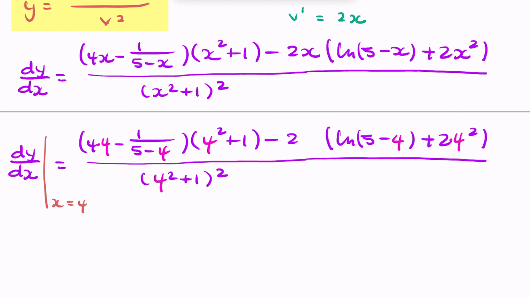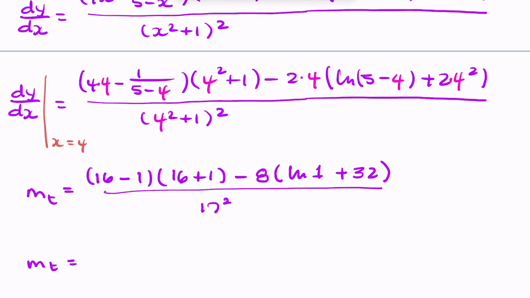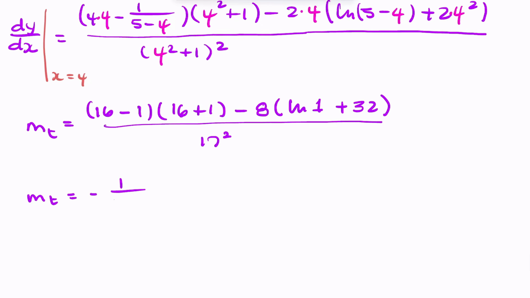And you can calculate that yourself. So that gives me negative 1 over 289. So that's the gradient of the tangent.